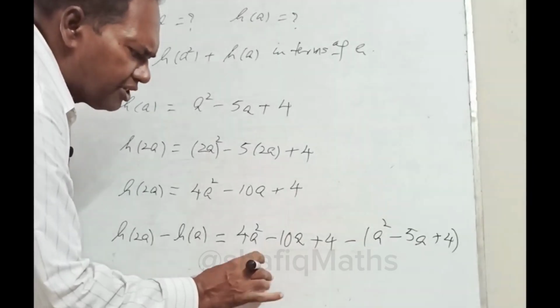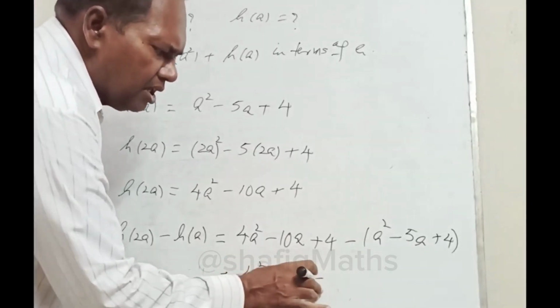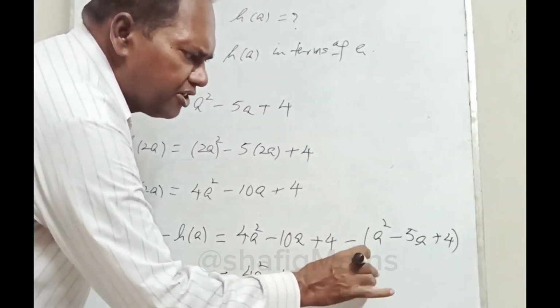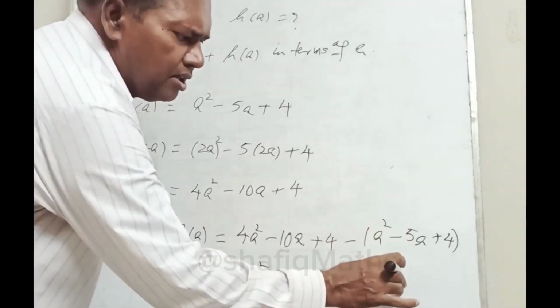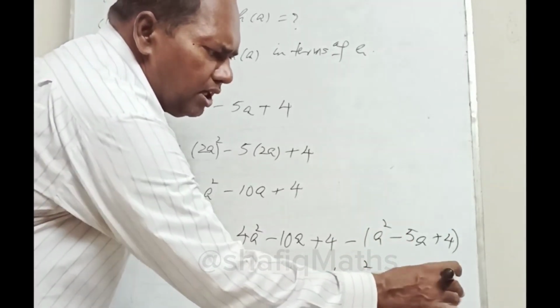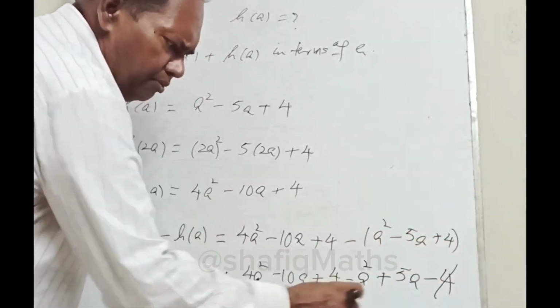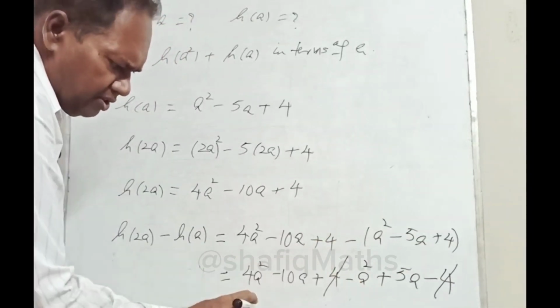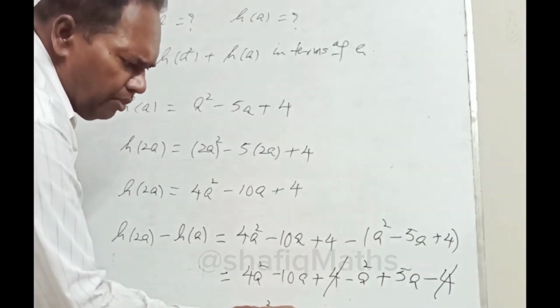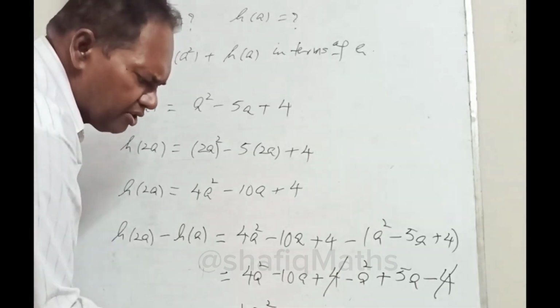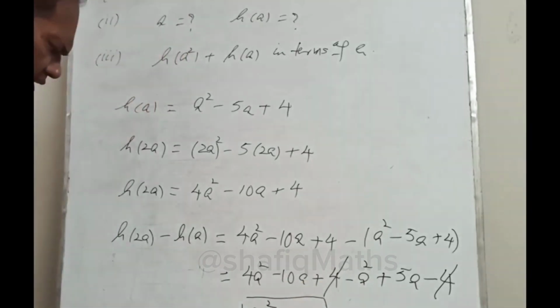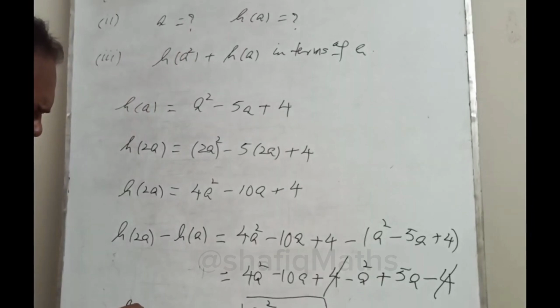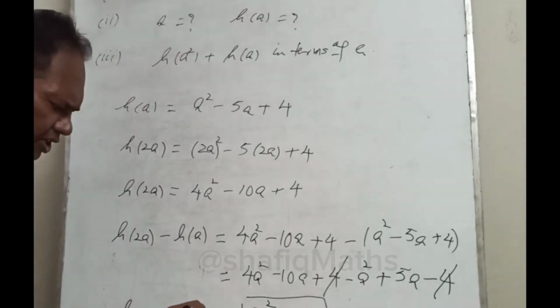So 4a square minus 10a plus 4 minus a square, minus minus plus 5a minus 4. So minus 4 and plus 4 will cancel out. 4a square minus a square is 3a square, minus 10a plus 5a as it is. So this is the answer of the first part of the question, h(2a) minus h(a).